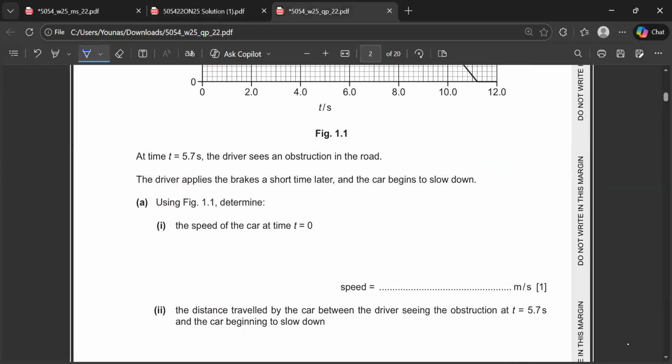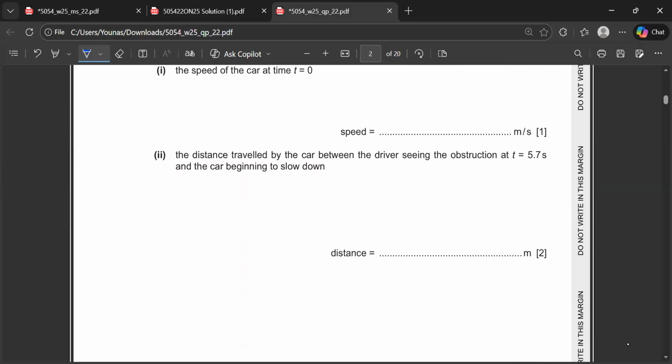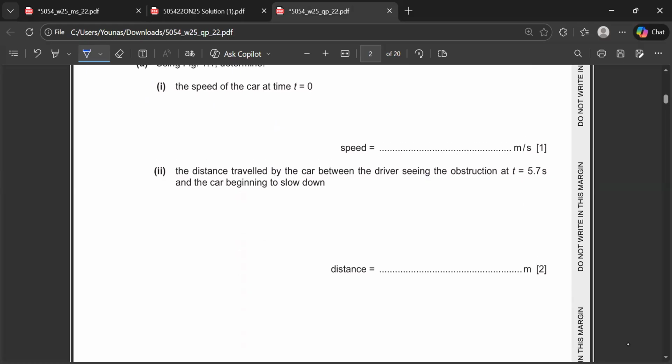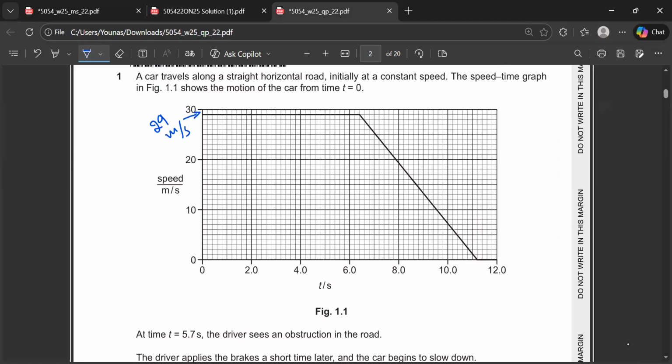Question number 1, part A, and its second portion. The distance traveled by the car between the driver seeing the obstruction at t equals 5.7 seconds and the car beginning to slow down. This is a speed-time graph, and the car started slowing down at this point.